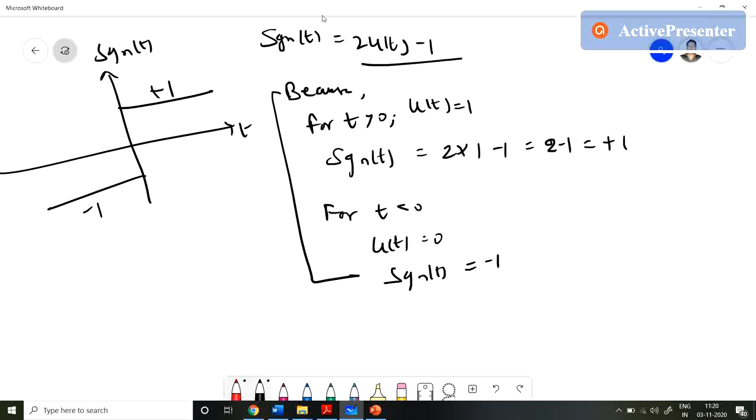Now, how do we find the Fourier transform of u(t)? u(t) can be written as (signum t plus 1) divided by 2.